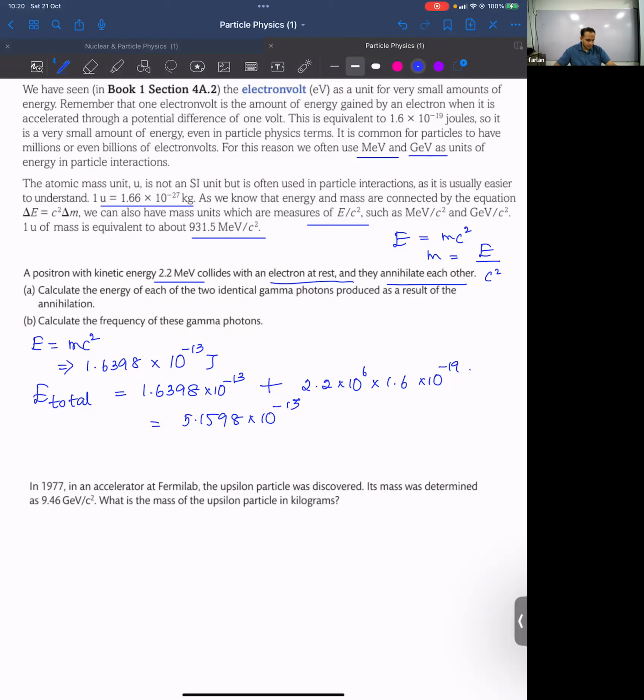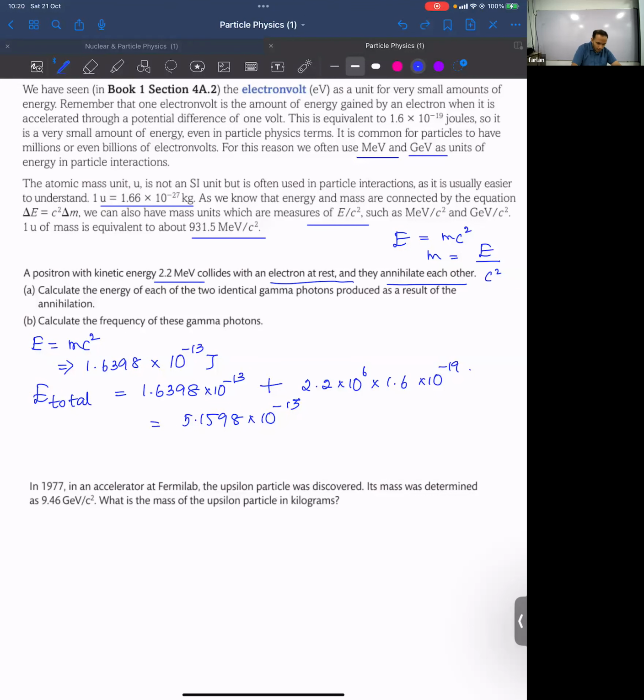The question says, calculate the energy of the two identical gamma photons produced as a result of the annihilation. So there are two gamma ray photons produced. They're asking to calculate the energy of each of the two identical photons. So these two both have this much energy in total.